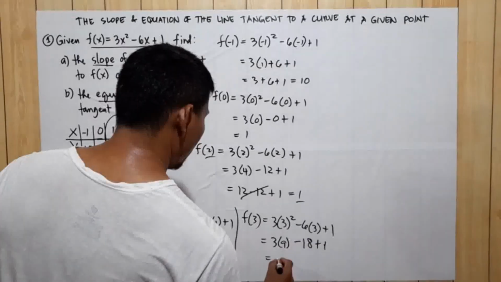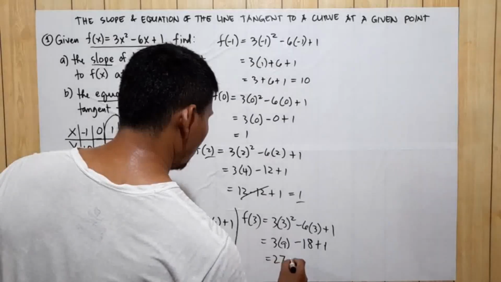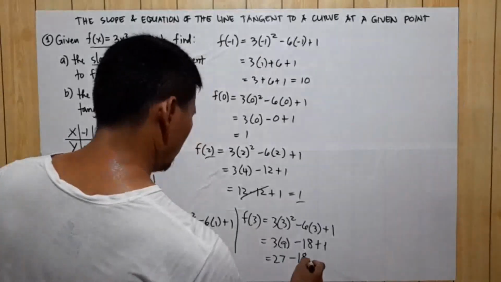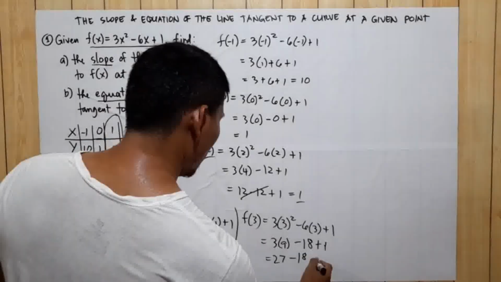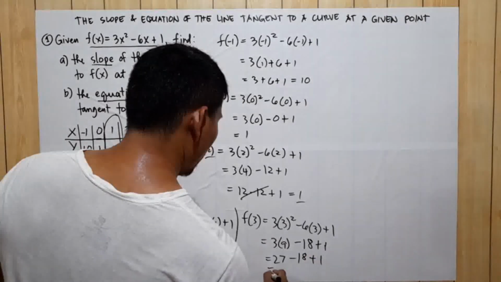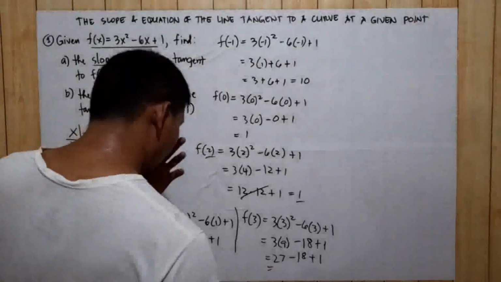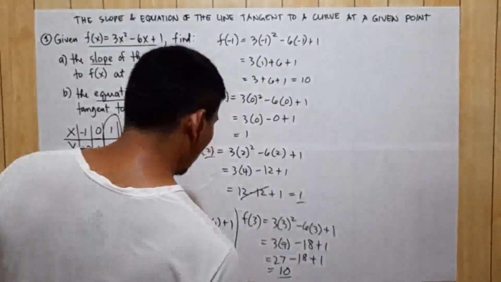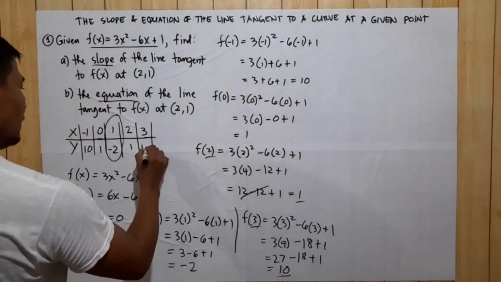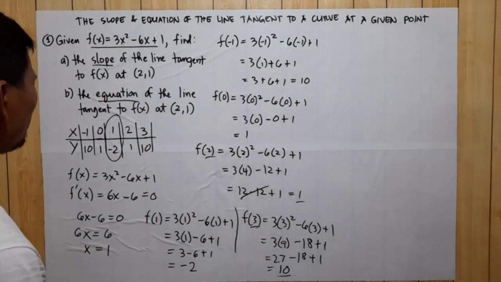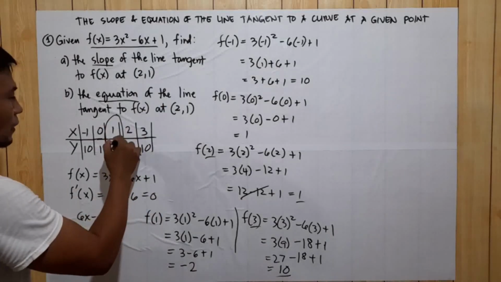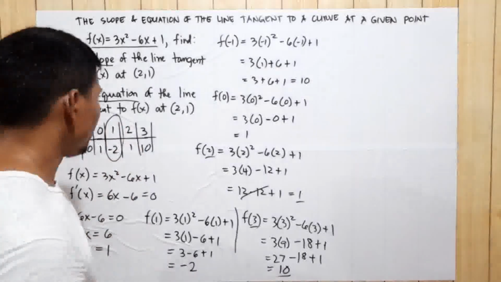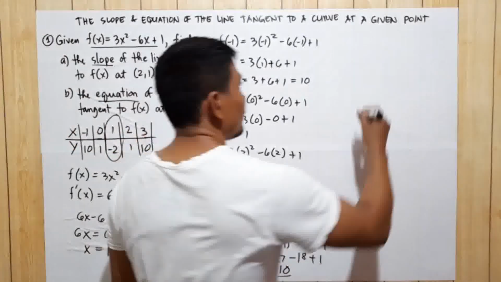We have 3 times 9 is 27 minus 18 plus 1. So, we have 27 minus 18 is 9 plus 1 is 10. So, meron po tayong 3 at 10. Kaya ngayon po, meron na po tayong 5 points wherein ang minimum point is located at 1 at negative 2. Pwede na po natin ngayon gawan ng graph yan.